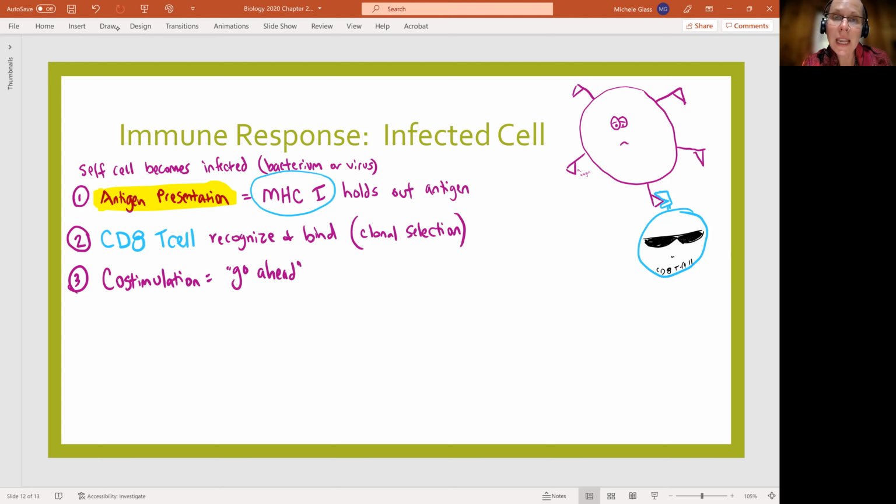So in this case, ultimately, the CD8 T cell, when it recognizes and binds, when it's activated, is actually going to lead to the destruction of this infected self cell. And so we don't want this to just randomly happen. We want to be very sure about it. And so we can consider that the infected cell gives this go ahead, like, yes, I'll take one for the team.